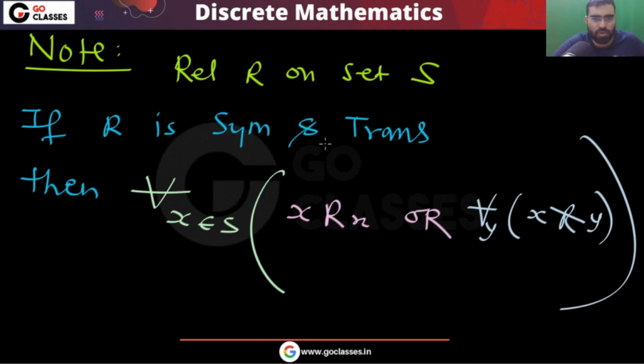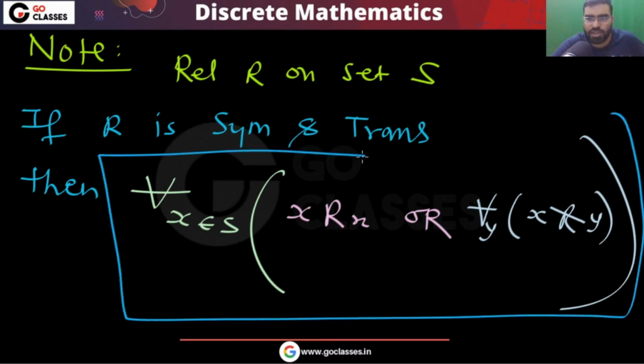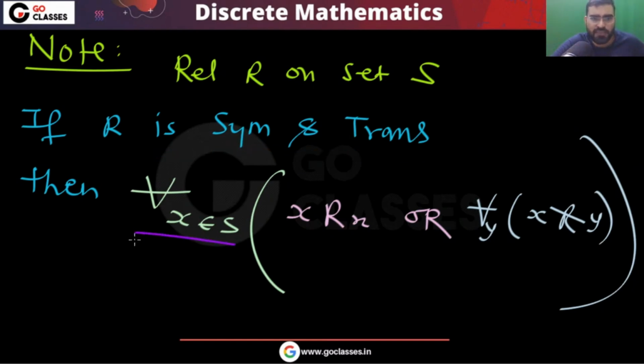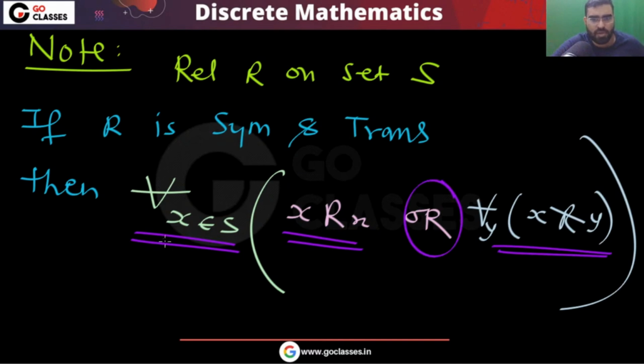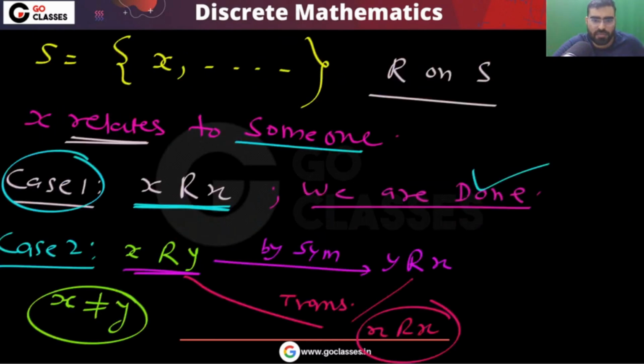If they give you this first order logic expression, then we are saying that for all elements, either you are related to yourself or you are not related to anyone. I hope this point is clear.